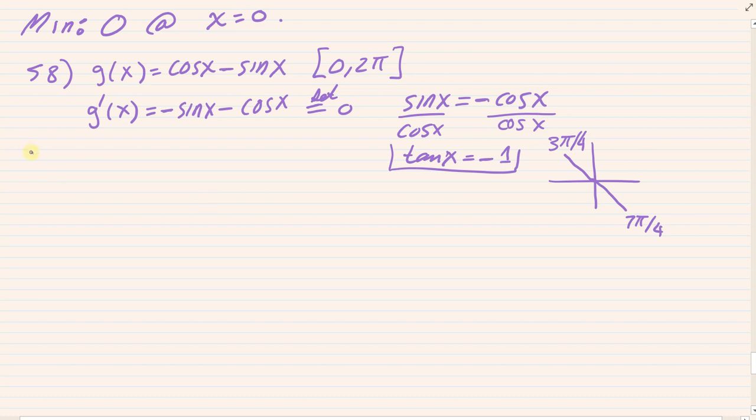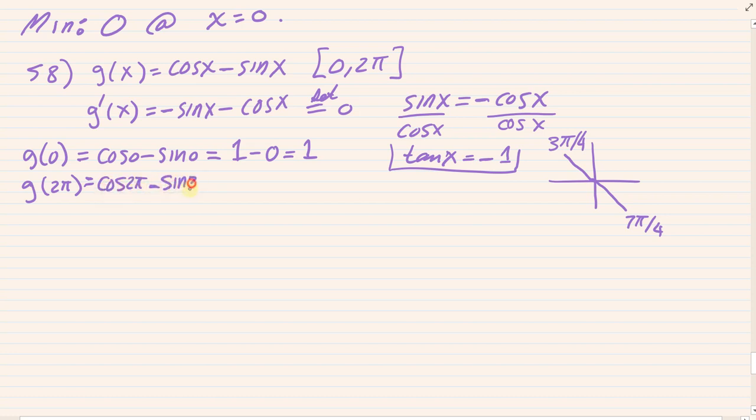So now remember, I forgot, we always have to try the endpoints before I forget, because we could have endpoint extrema. So g at 0 is cosine 0 minus sine 0. Cosine 0 is 1, sine 0 is 0. The answer is 1. At 2 pi, you get exactly the same thing, because you're a complete circle back to where you started.